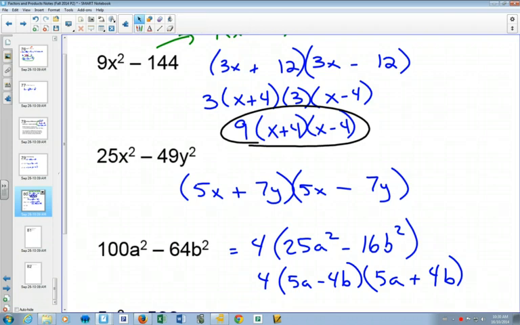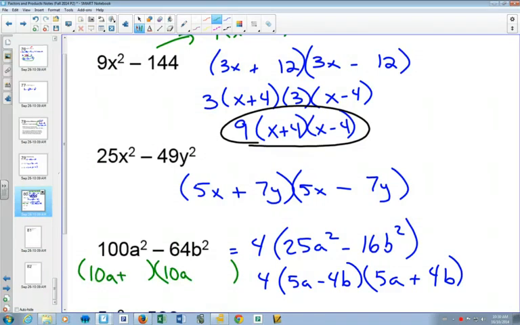If you did this first, and my guess is almost all of you did this first, right? That's not wrong. But now you have to look and see if there's a common factor in my first set of brackets.